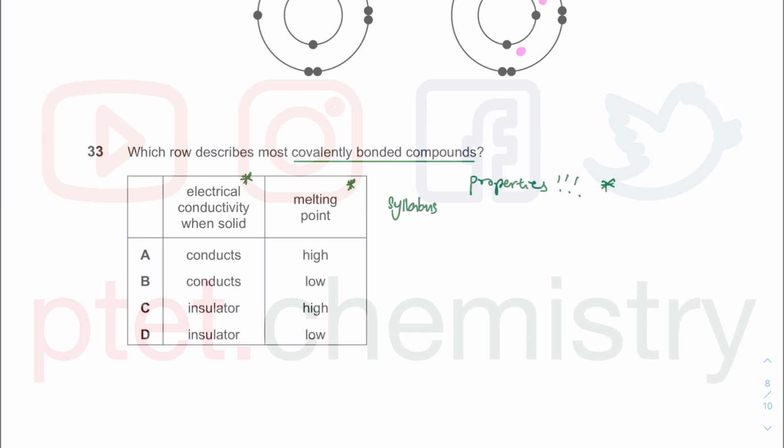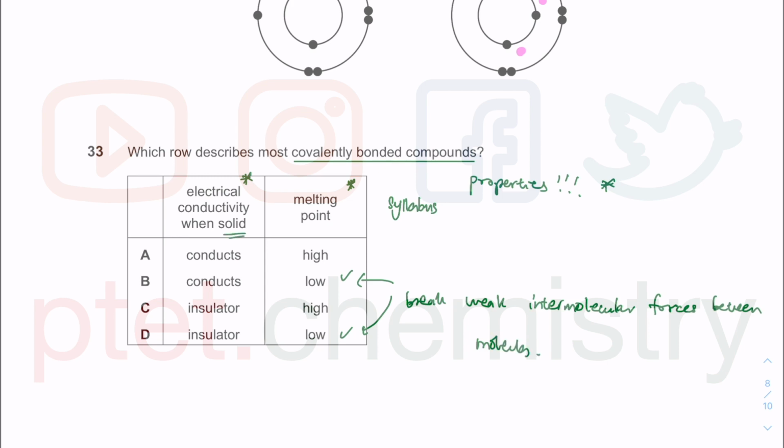Candidates should be able to state that covalent compounds have very low melting and boiling points because you're just breaking the weak intermolecular forces. Inter means between, so we have forces of attraction between the molecules.